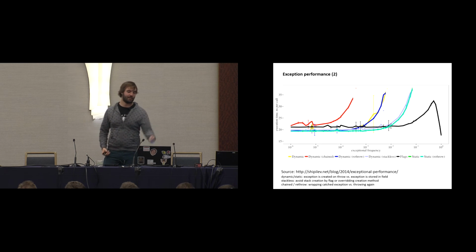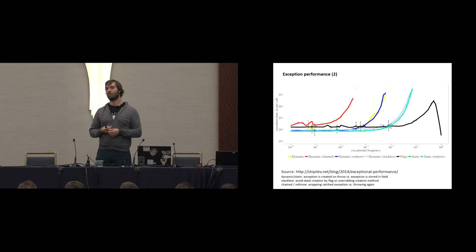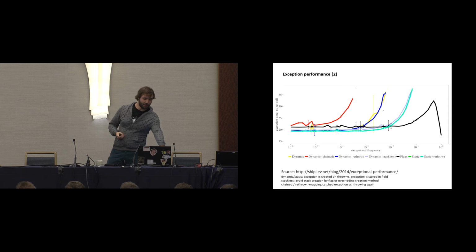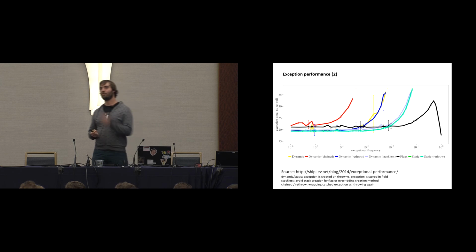But let's say you use an exception to indicate a wrong password exception, right? From this chart, you can tell that the black line and the yellow line meet at 10 to the power of -3. So if out of 100 logins you have only one wrong login, then already the exception is slower than an explicit control flow.